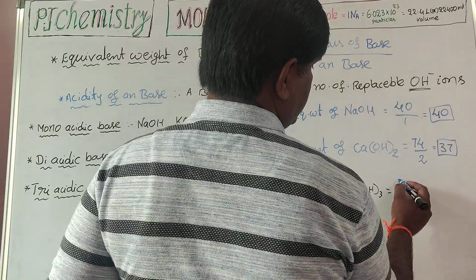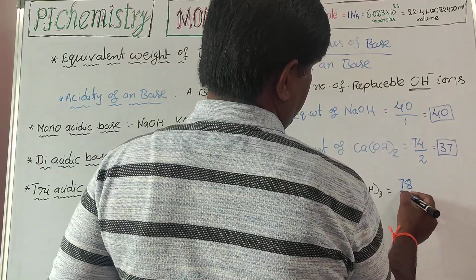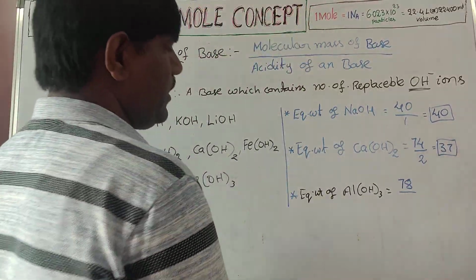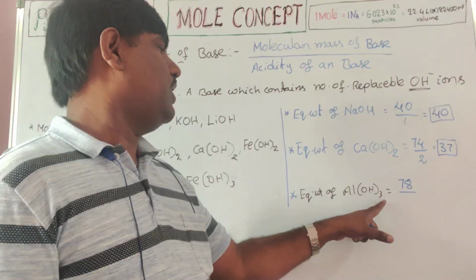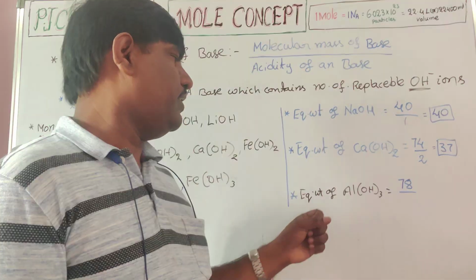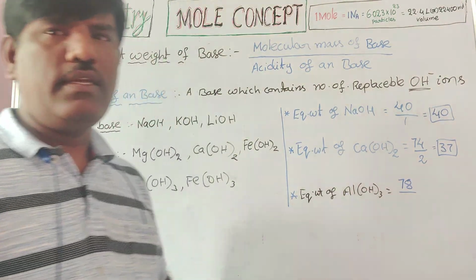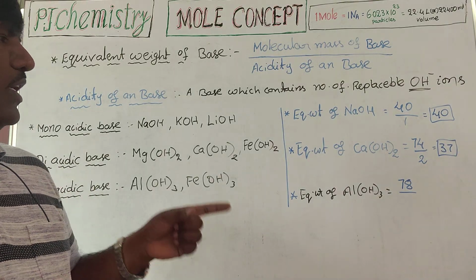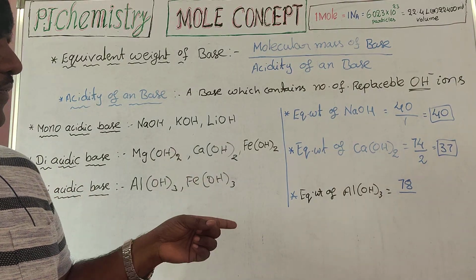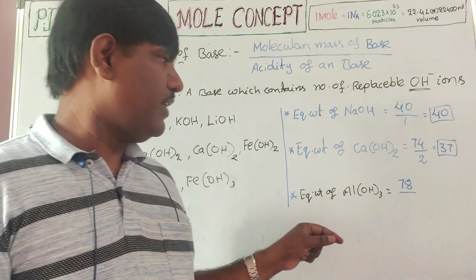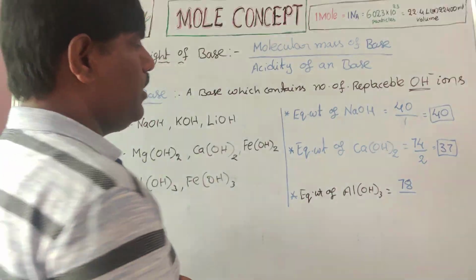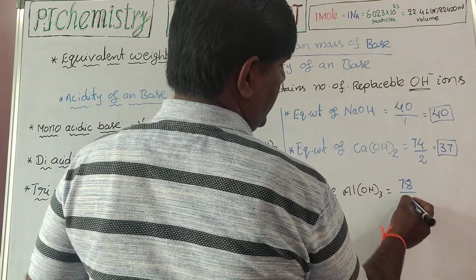So the molecular mass of aluminum hydroxide is 78. Correct or not? Divide by its acidity.